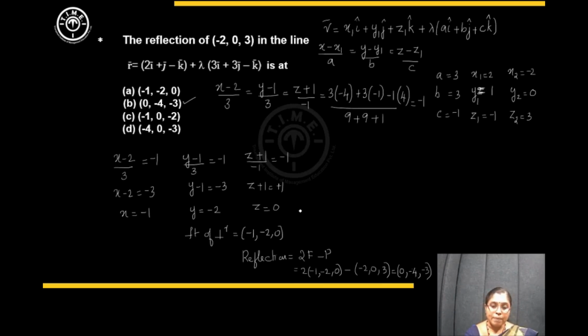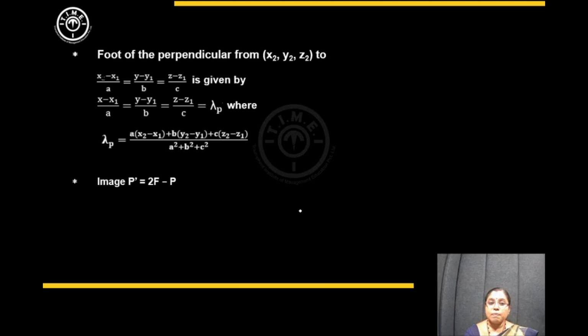So let me just recap the formula once again. If you want to find out the foot of the perpendicular from (x2, y2, z2) to a line (x minus x1) by a equal to (y minus y1) by b equal to (z minus z1) by c, the formula is (x minus x1) by a equal to (y minus y1) by b equal to (z minus z1) by c equal to lambda p, where lambda p is a into (x2 minus x1) plus b into (y2 minus y1) plus c into (z2 minus z1), divided by a square plus b square plus c square.